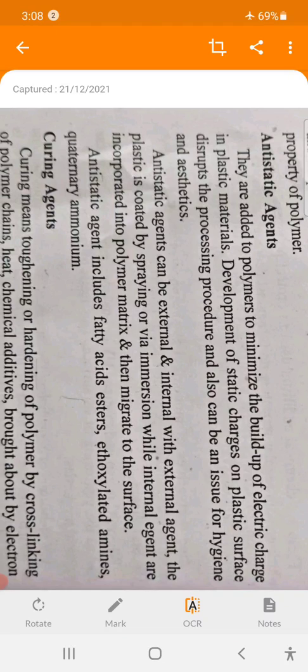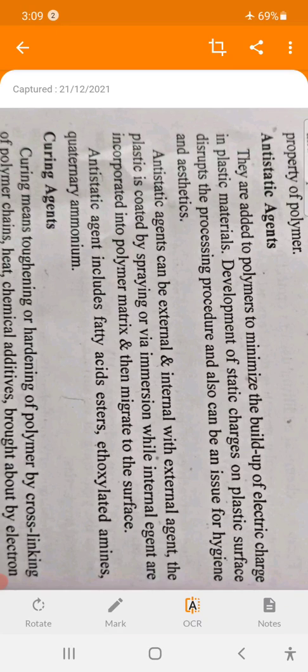With an external agent, the plastic is coated by spraying the surface of the polymer, while internal agents are added during manufacturing.